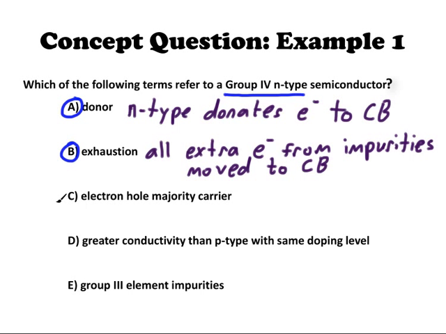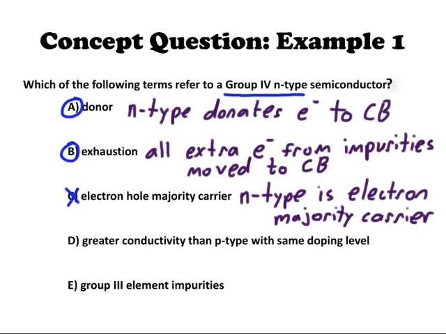Option C, electron hole majority carrier, is not a correct answer. The reason would be that N-type is electron majority carrier. Again, you have donated electrons, so the amount of electron carriers is much higher than the hole carriers.